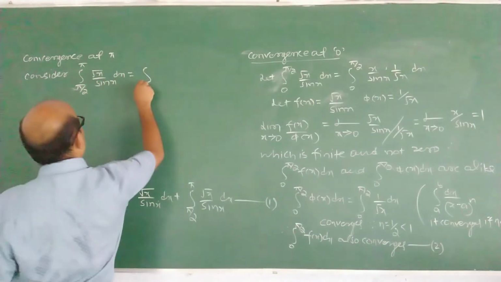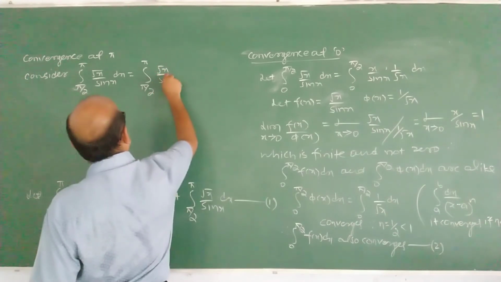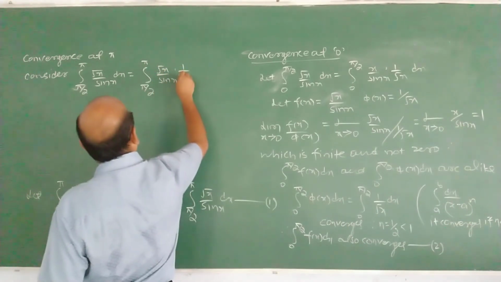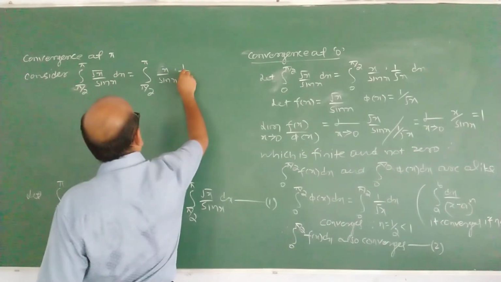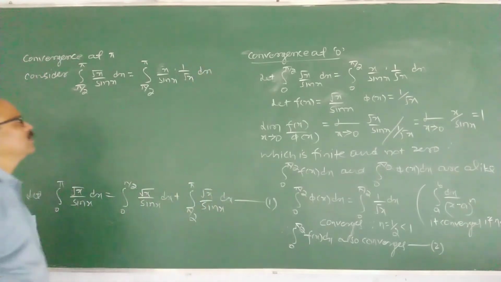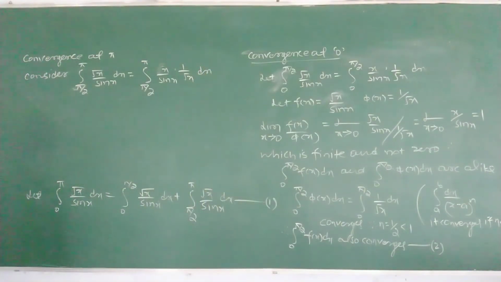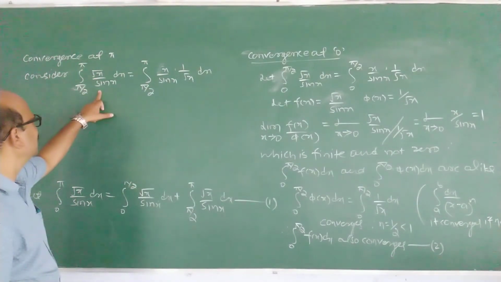It is equal to integral pi by 2 to pi of x by sin x times 1 upon root x with respect to x. Correct, root x. Is it required here? Root x by sin x.